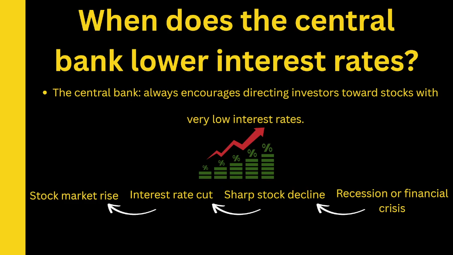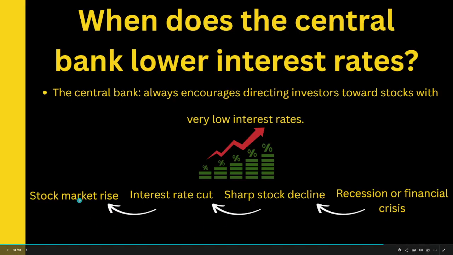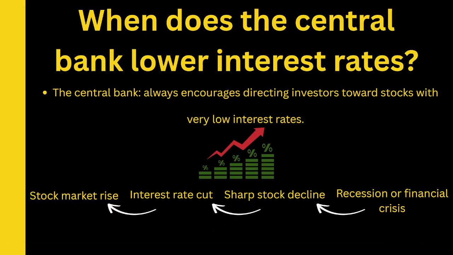Because, like we mentioned, people will not opt to invest in banks, especially when interest rates are cut. So they will take their money from the banks and put it back into the stock markets for a better gain and better return on investment.